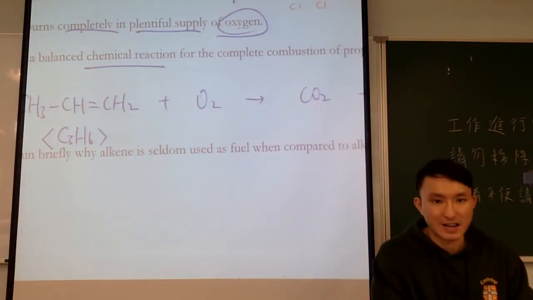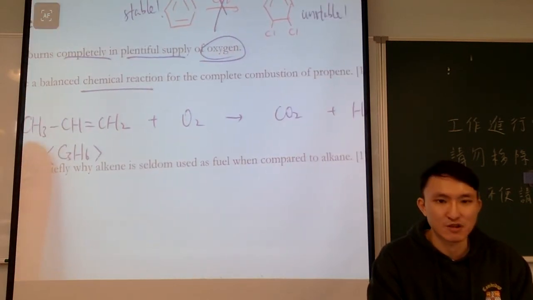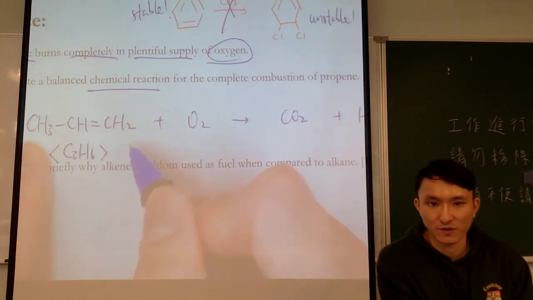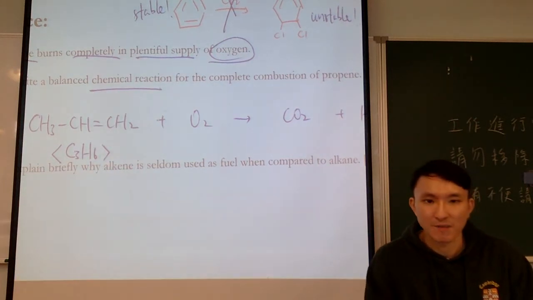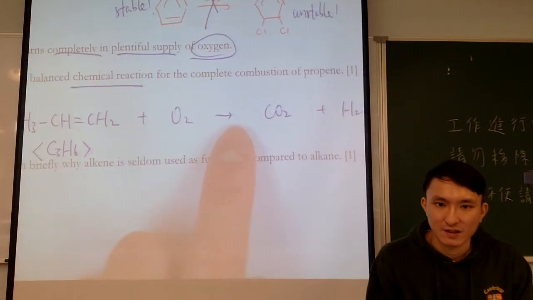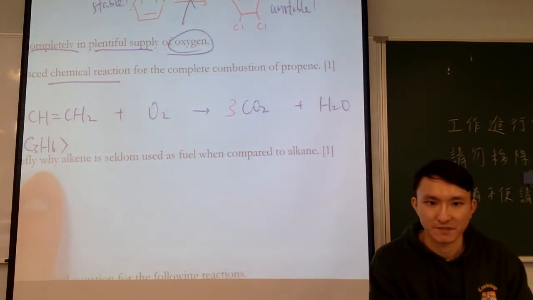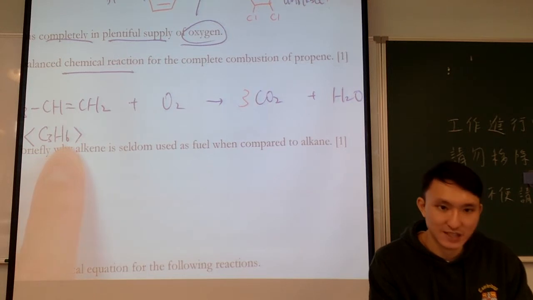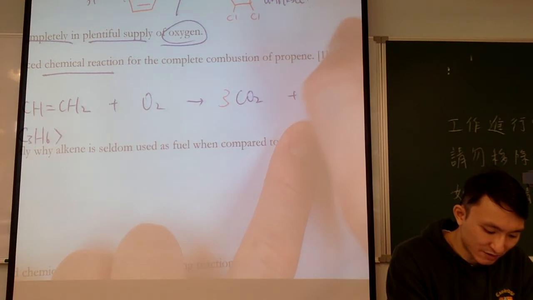Now I understand when you use the structural formula like this, it makes it more difficult to balance the equation. So you can first write down the structural formula and then balance the equation by looking at the molecular formula. That would be easier. Here, 3 carbons on the left, 1 carbon on the right, so we should have 3 over here. Next, we check the hydrogen. 6 hydrogen on the left, 2 hydrogen on the right, so I should put down a 3 here as well.